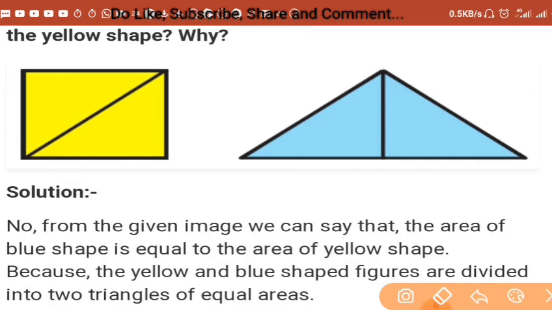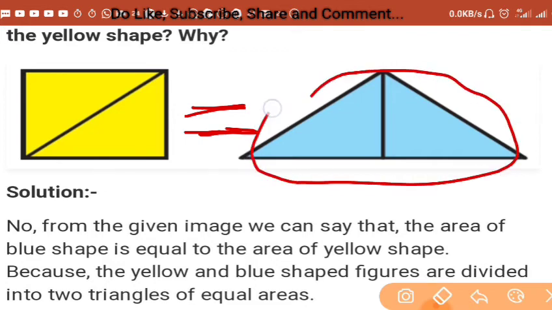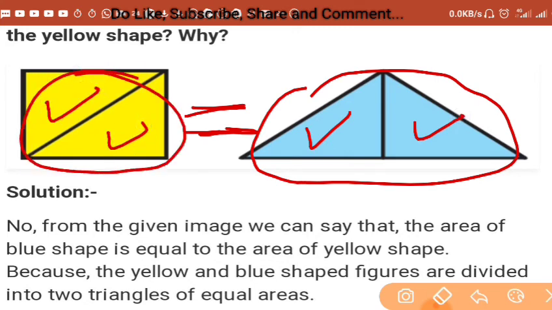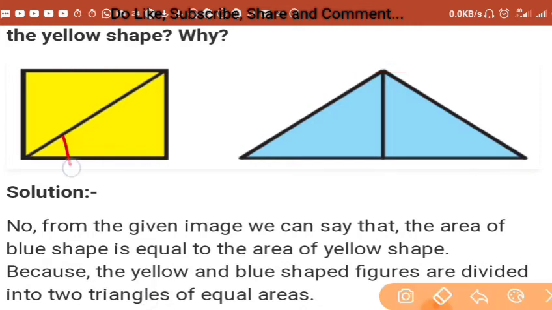From the given image we can say that the area of the blue shape is equal to the area of the yellow shape, because the yellow and blue shaped figures are divided into two triangles of equal size. This triangle is made up of two triangles, and this rectangle is made up of two triangles, and the triangles are the same. So the two shapes are the same, so the area will be the same. You can measure it also.